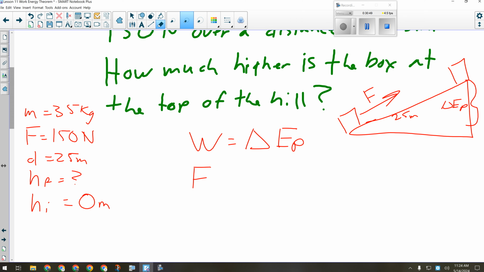I know the force, I know the distance, so I'm going to put those two things in for work, because that's one of the ways to calculate work. But if I'm going to get the final height, then I'm going to have to go m times g times h final minus m times g times h initial. I'm still saying work is a change in potential energy. Can I get rid of anything?